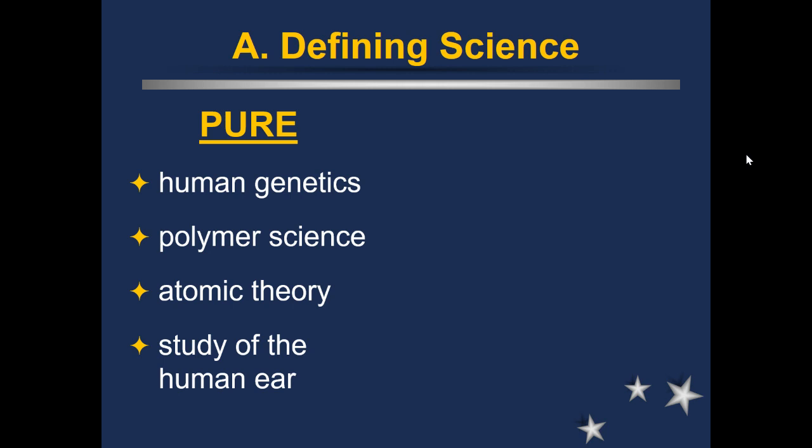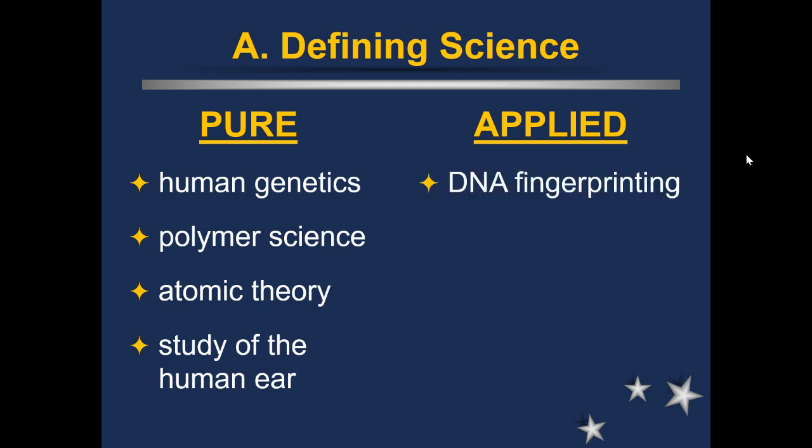So, science by itself doesn't do anything, it's a way of knowing. Applied science is our technology. Let's apply human genetics. Crime scene investigation, forensics uses DNA fingerprinting. You can figure out if the suspect is innocent or guilty based on their DNA evidence. Polymers can be used to make fabrics.